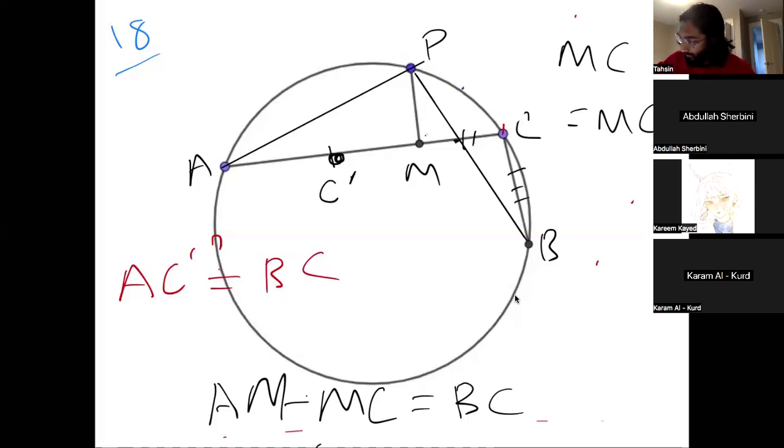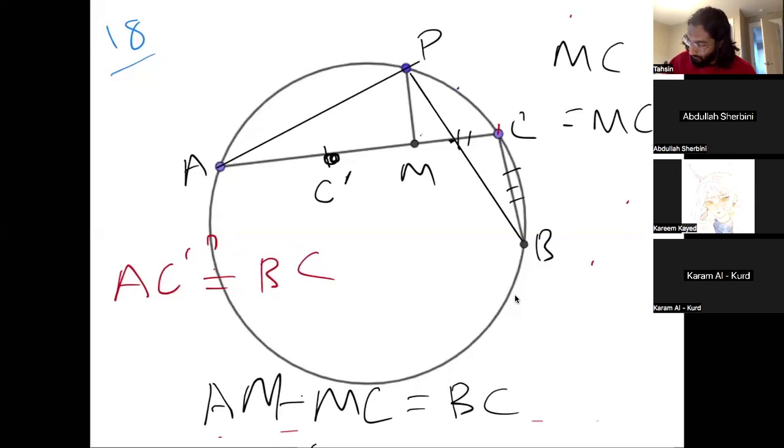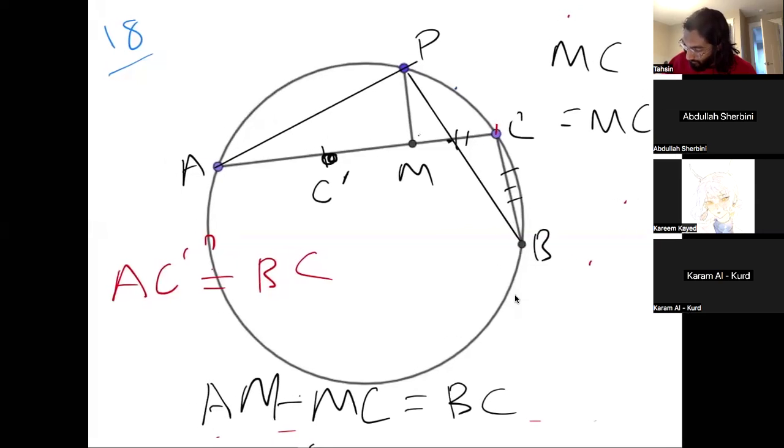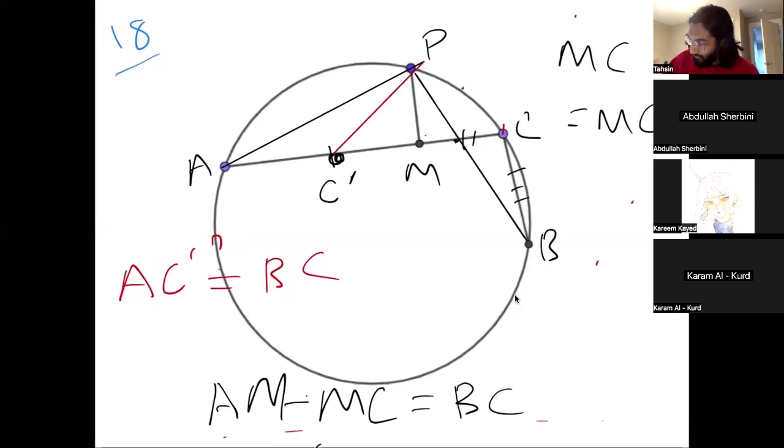Well, maybe we need some extra lines. In order to compare AC prime and BC, we need to draw some extra lines. Yeah, maybe we can do something like this. First we draw this. Okay. So now this AC prime is on a triangle, APC prime.